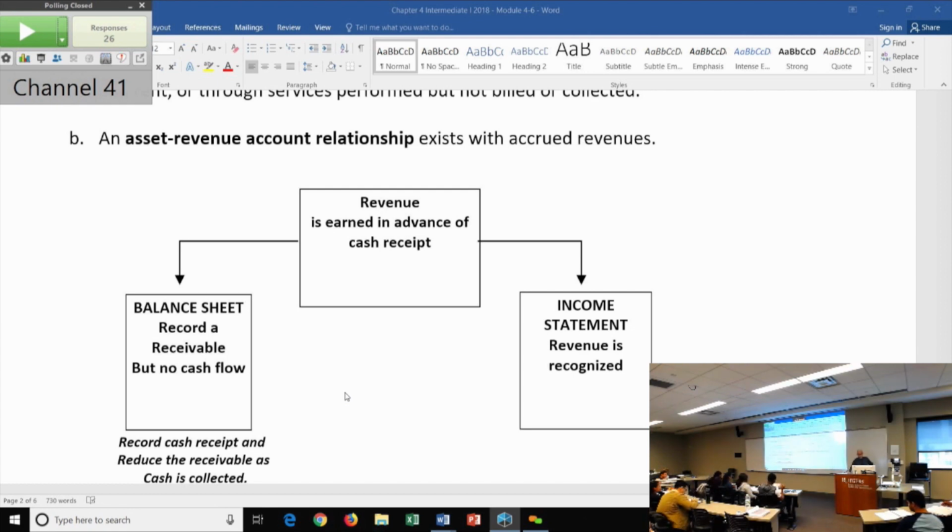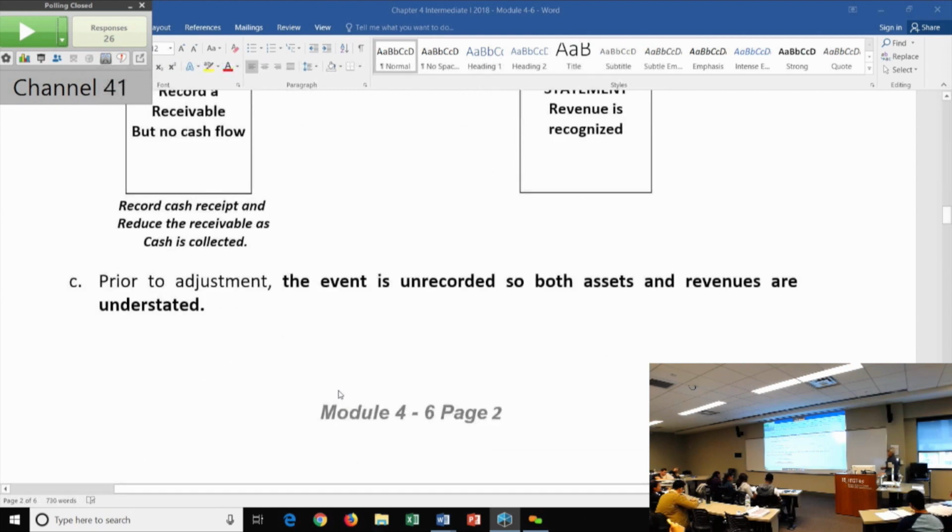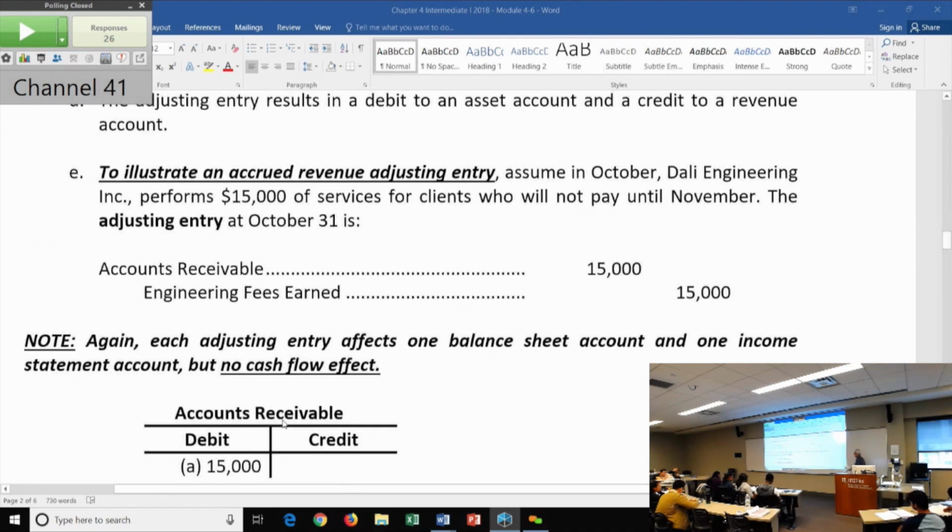Let's assume that Dolly Engineering performs $15,000 of services for clients, who will not pay until November. On October 31st, we made the following adjusting entry. Notice that there's nothing recorded previously, so you have nothing to actually adjust as you did in the deferrals case.